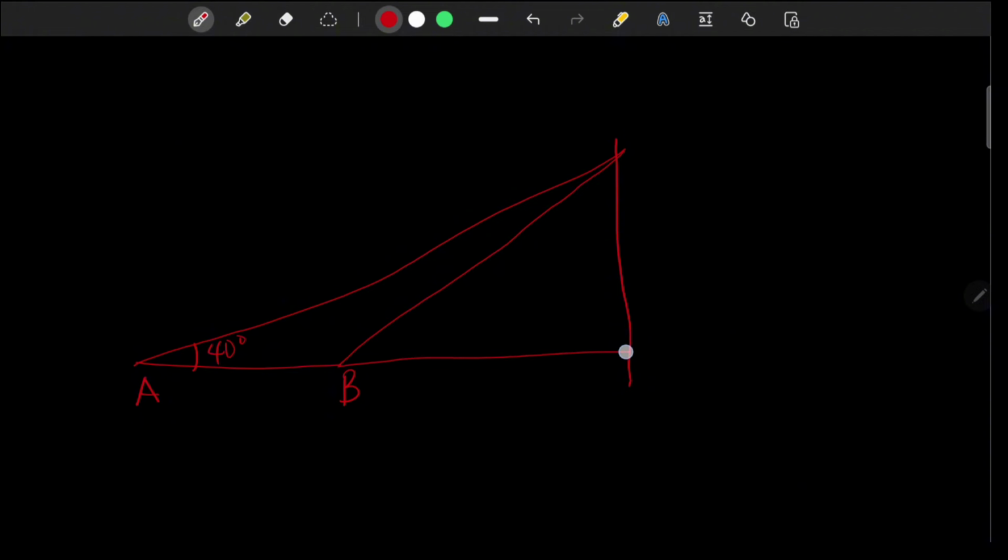So let's just complete this. 48 degrees, and this is your 90-degree angle right here.